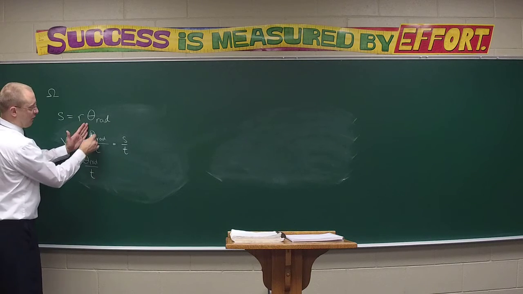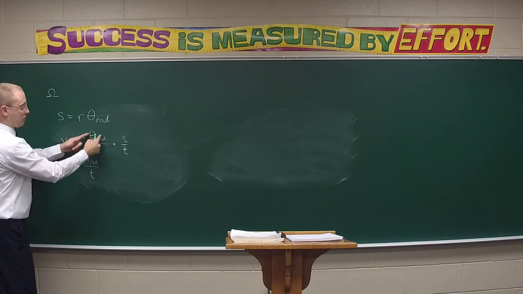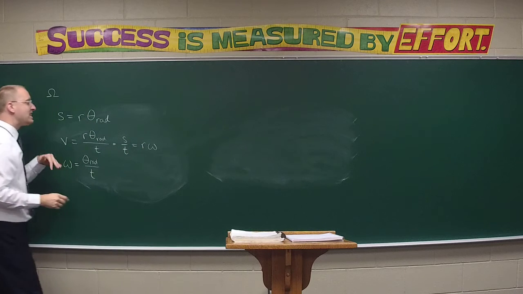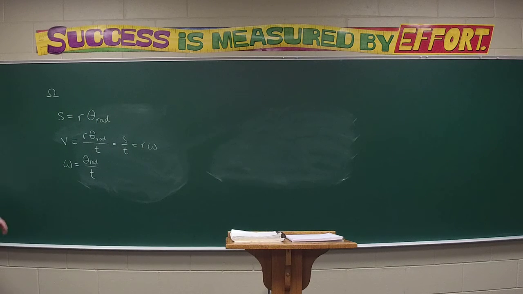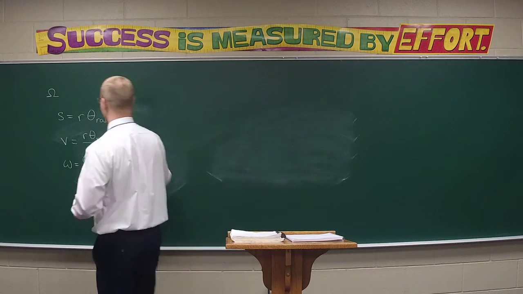Good. Take the theta rad over t and put an omega in its place, because omega is the theta rad over t. So V equals R omega. And so we technically have three different equations for linear velocity. So these are the equations that we needed to have memorized by today.